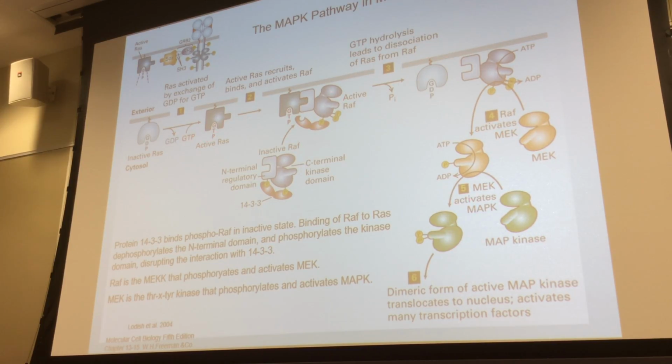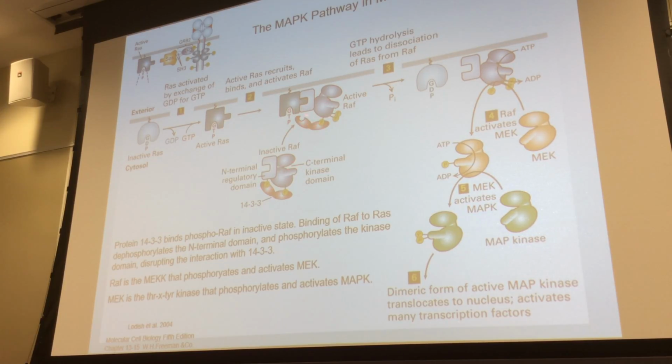Now we start a whole pathway that has three kinases, one in a row. The first one is called RAF, and RAF is going to be sequestered in the cytosol, bound to a protein called 14-3-3, which tends to bind a lot of different proteins and keeps them occupied in the cytosol until they can be called to the membrane protein that they need to interact with.